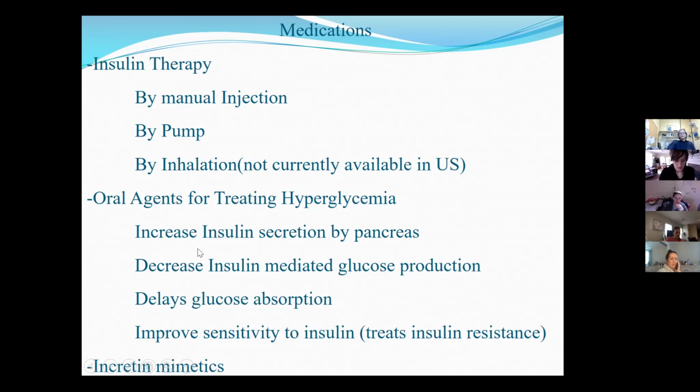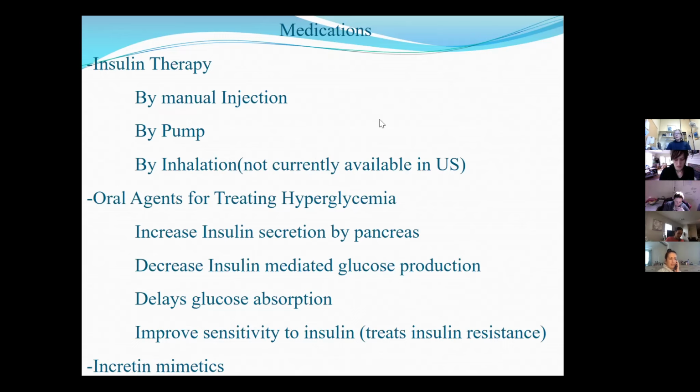Our oral agents work by different means. Some of them increase insulin secretion by the pancreas. Some of them decrease insulin-mediated glucose production, which is by the liver. Some of these medications delay glucose absorption, and some of them improve sensitivity to insulin.